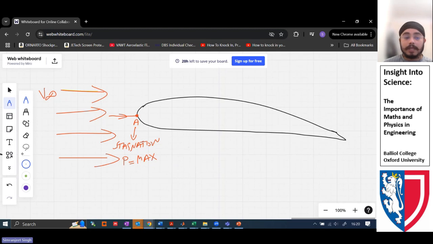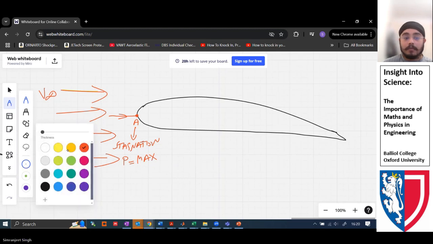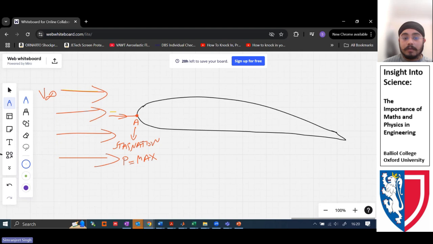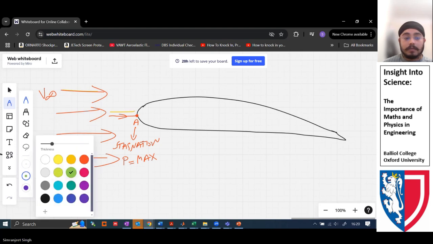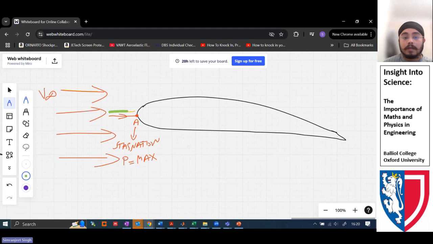Now, the other bits of air travel through, let me change this one to green. The other layers travel through and just simply separate, say at point B. We have another layer on top of it.